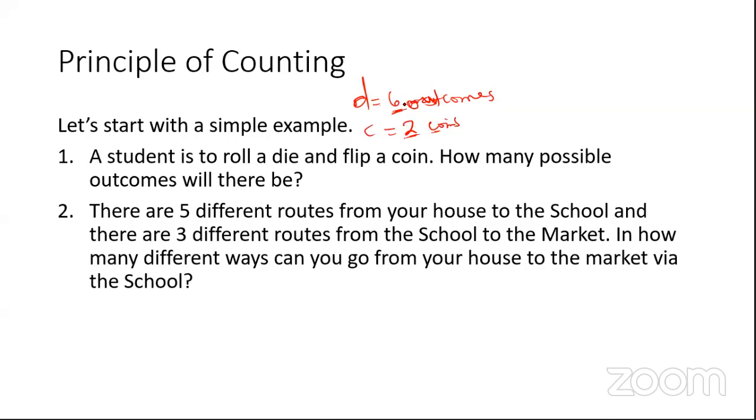If you guess, we may have a 4. We may add together, and when you add together, you get 8. When you multiply, you get 12. When you say 6 raised to power 2, you get 36. When you say 2 raised to power 6, you get 64.